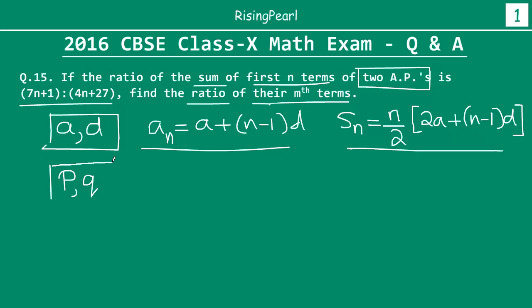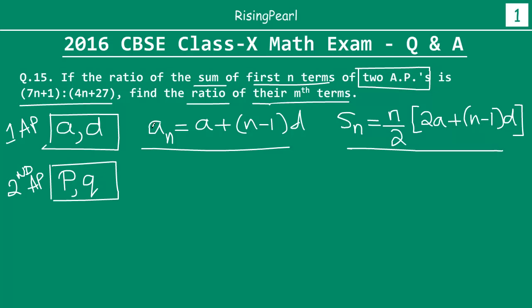I understand this is not convention, but we have no way of knowing any relationship between the first terms or between the common differences of the first AP and the second AP. So we have to take separate first terms and separate common differences. This is our first AP and this is our second AP.